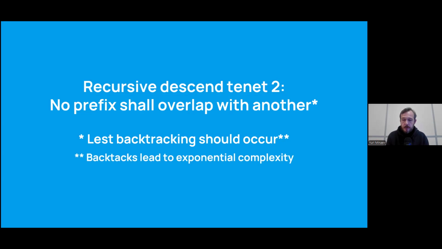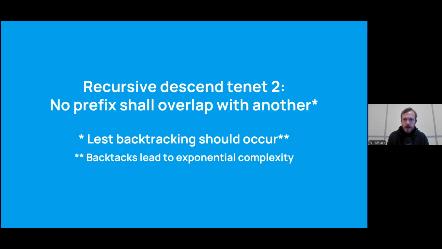in most cases, in simplest cases, backtracks are fine. You can just get something you do not expect, go back and try a different path through the grammar. But in some cases, backtracks can lead to exponential complexity of your parsing.